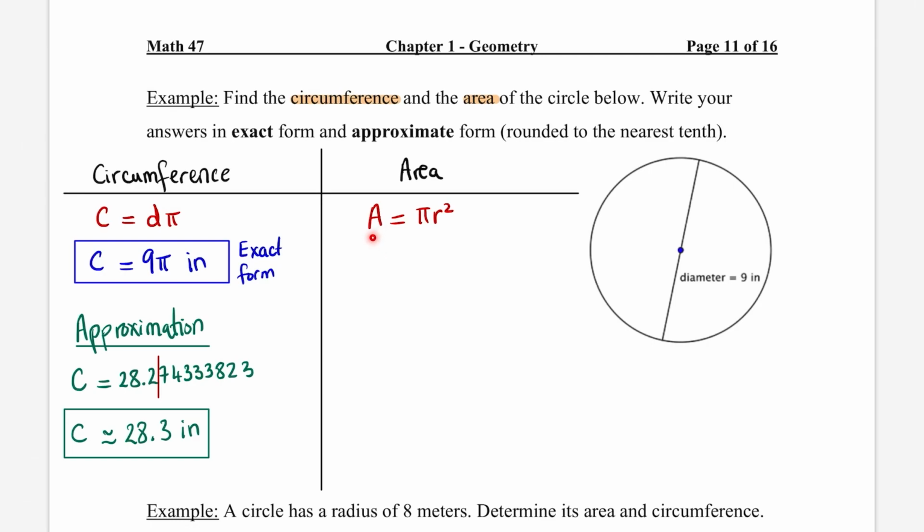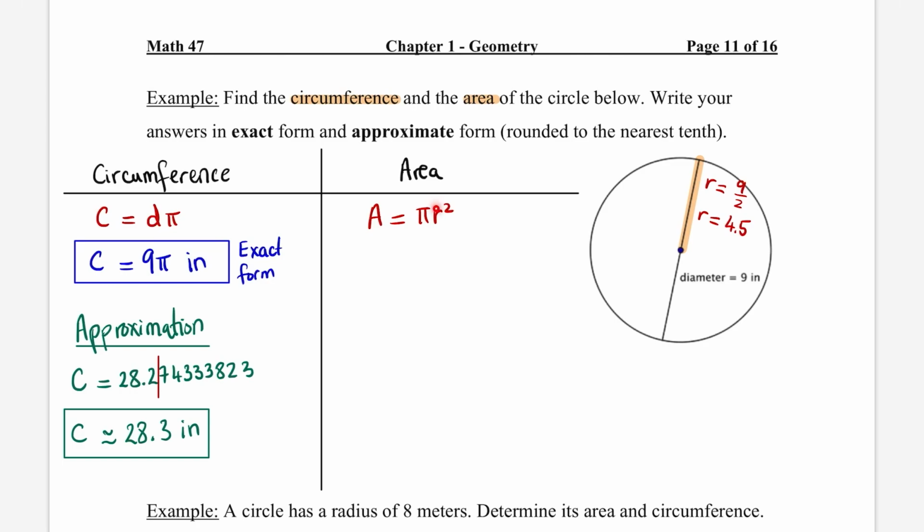Next, I need to find the area. Area is pi r squared, so I need to find r, which is the radius. Radius is half of the diameter, so this is my radius. Diameter is 9, radius is half of 9. So my radius is 4.5.